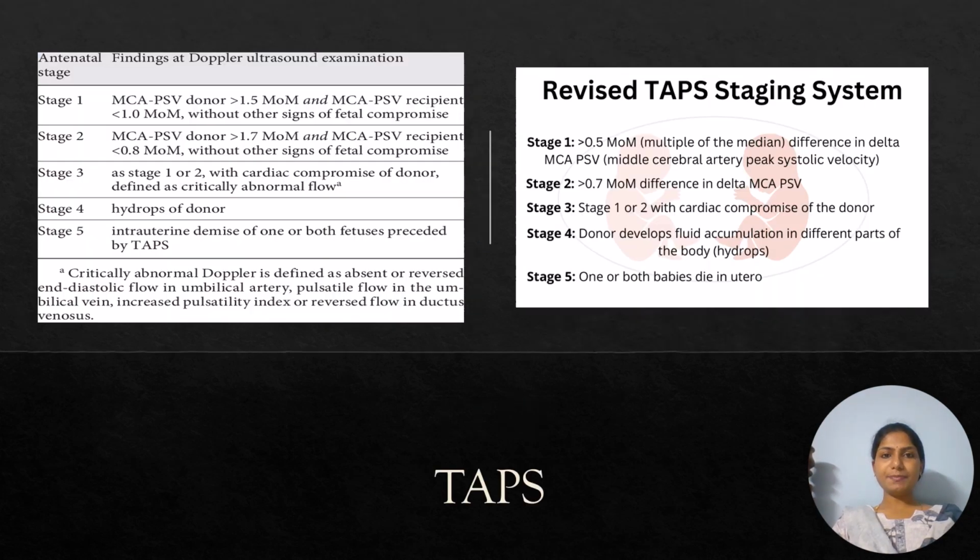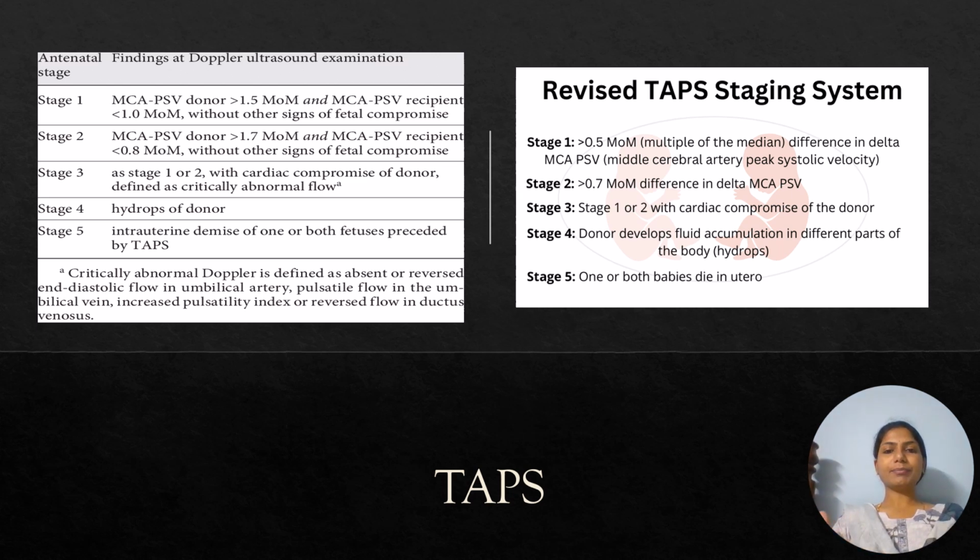Next, coming to TAPS, which might be either a result of the oligohydramnios polyhydramnios sequence or, after the laser photocoagulation, some minor vessels, if they are not coagulated, cause slow or chronic shunting of blood from one twin to the other.